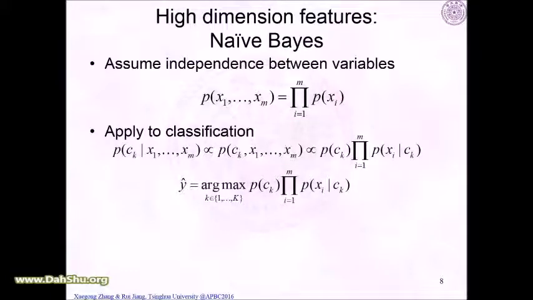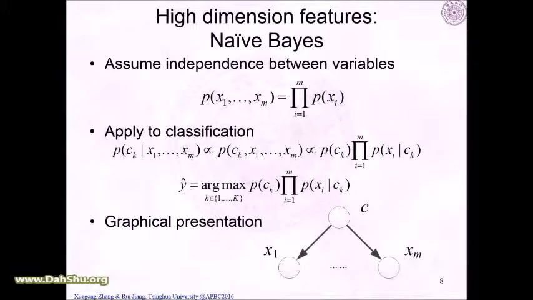And when we apply this to the classification task, where C is the class label, we get the naive Bayes method, which is just to calculate the probability of the label given the sample.